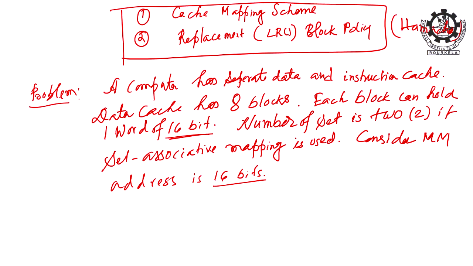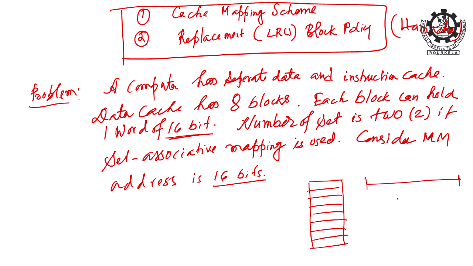So, this is the problem. A computer has separate data and instruction cache. So, you assume that one instruction is there, only data is missing. Data cache has 8 blocks, each block can hold 1 word. So, that means you have 8 blocks in the cache, and main memory is having 16 bit, and each block contains only 1 word.